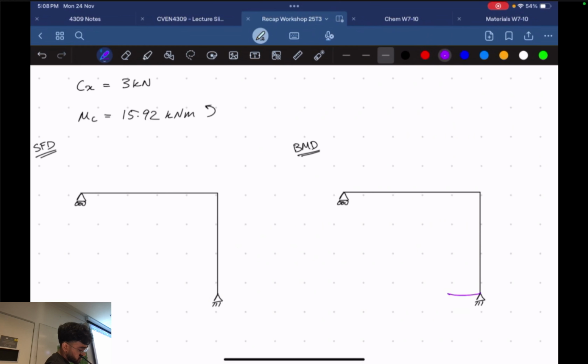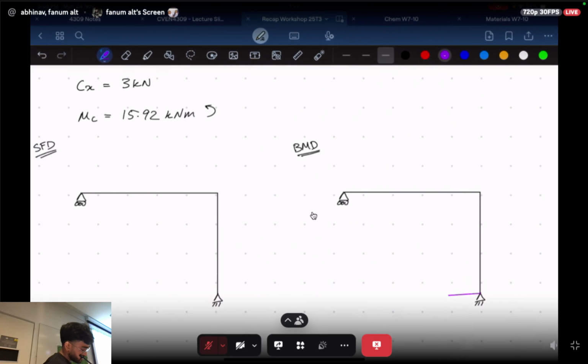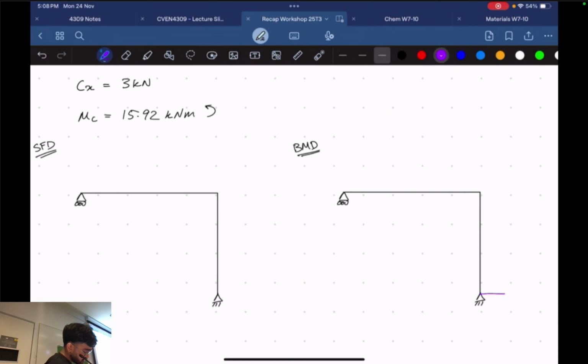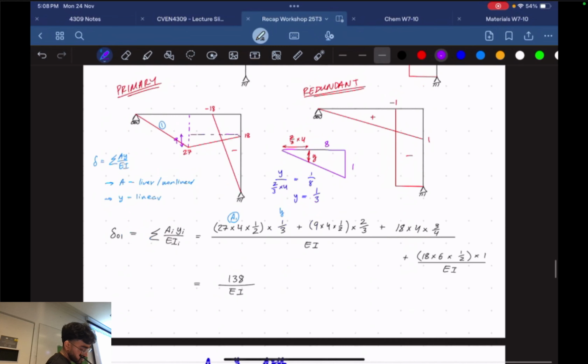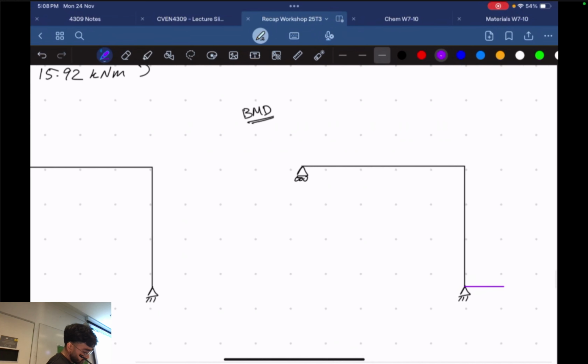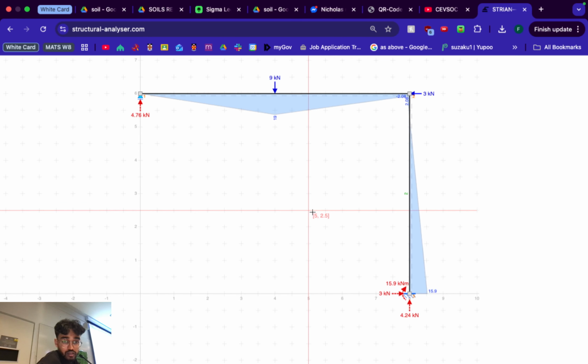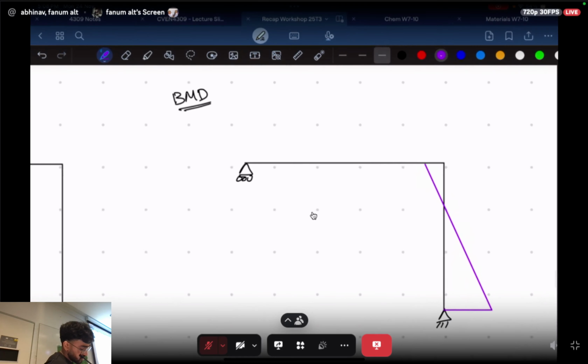Oh no, sorry, it's the other side. 15.92, and it's going to drop linearly until a value over here. I don't know what that value is actually. It should be 2.08.